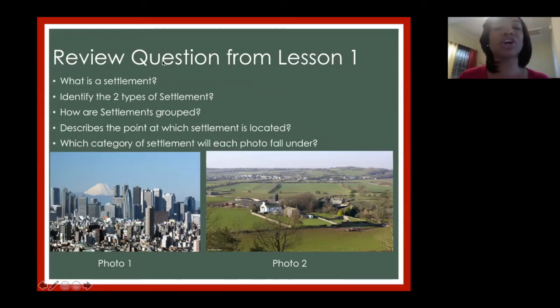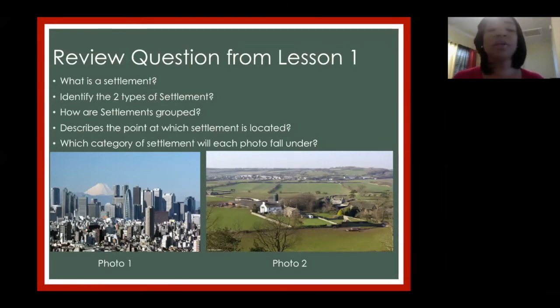So let's quickly go over those ways in which we can group a sediment. So the 4 ways in which sediments can be grouped. 1 is by the location. Remember, we looked at location yesterday, and location focuses on our site and our situation. Okay, site being where sediment is located, and your situation is where sediment is located based on its surrounding features.